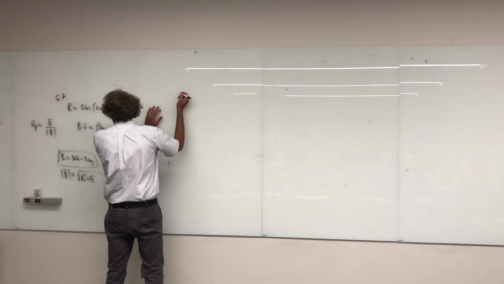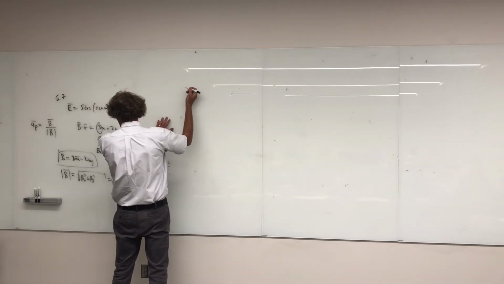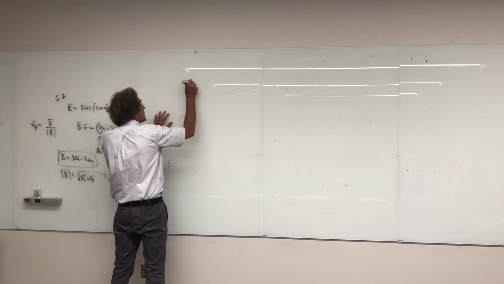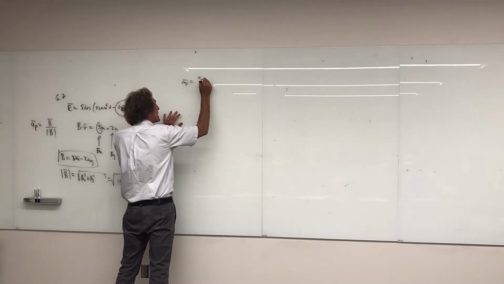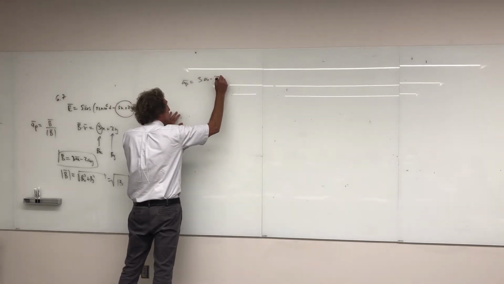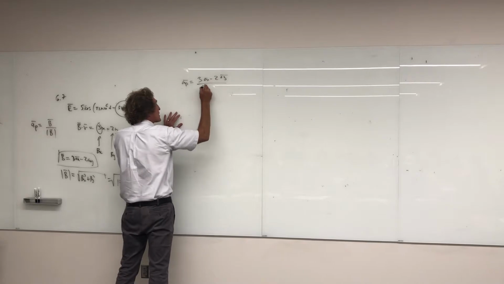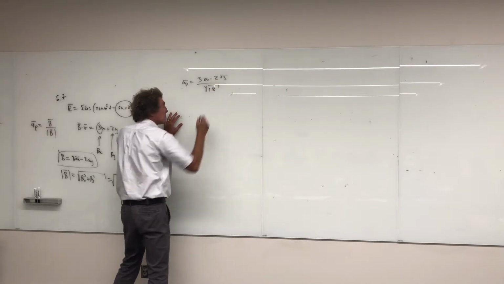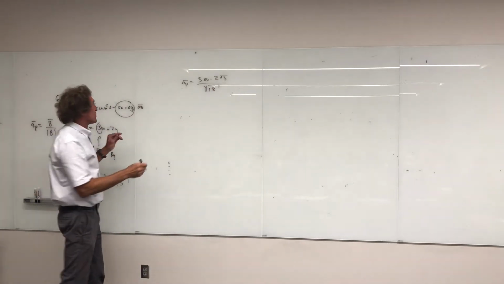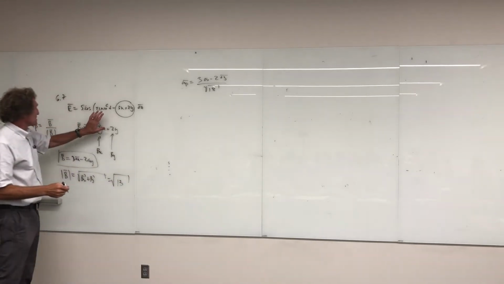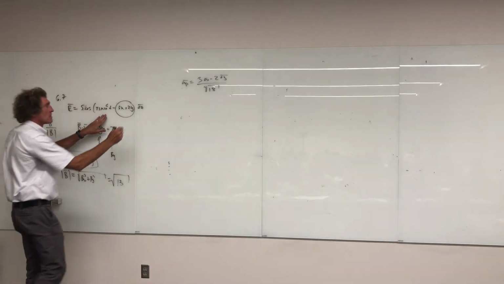So the unit vector in the direction of propagation was equal to 3ax minus 2ay over the square root of 13, right? Now, we can rewrite this. Y'all take a look at this right here.